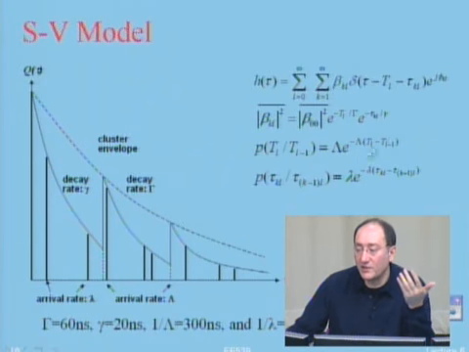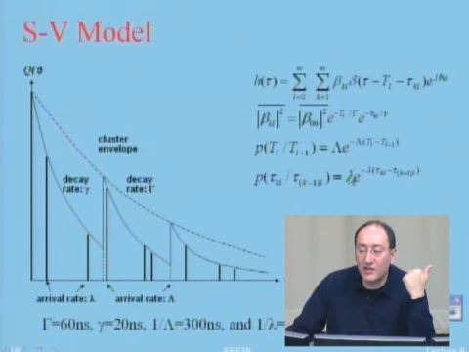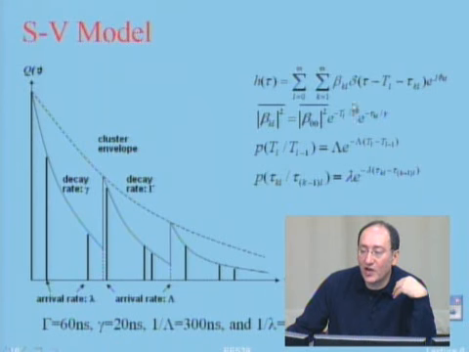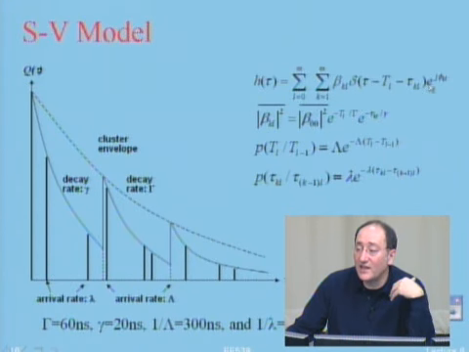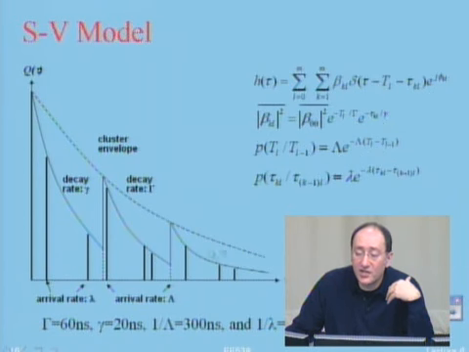So now I have 4 parameters. One is this small lambda, which is the arrival rate of rays within the cluster. Big lambda, which is the arrival rate of the clusters within the entire time. Then big gamma, which is the decay for the clusters, and a small gamma, which is the decay within the cluster.